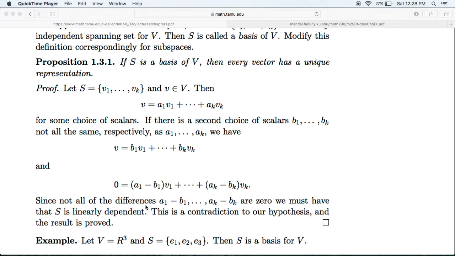Thus the only way to write 0 as a linear combination of v1 to vk is the trivial linear combination where all the scalars are 0. Thus a1 minus b1 is 0, a2 minus b2 is 0, and so on, ak minus bk is 0. Thus we see that a1 is equal to b1 and so on, ak is equal to bk. Thus these two representations are the same.